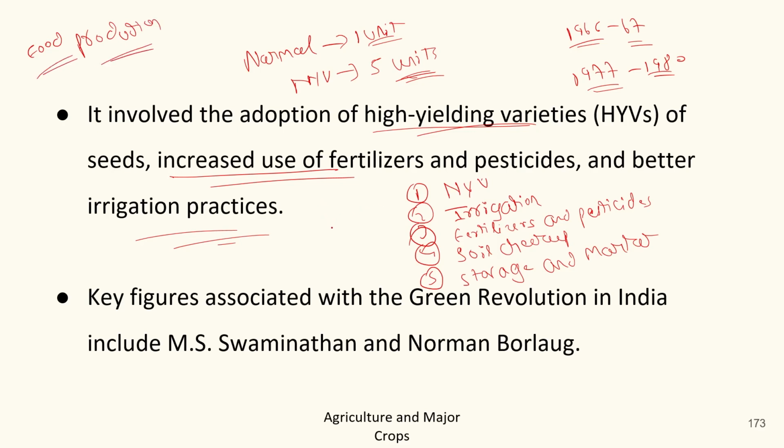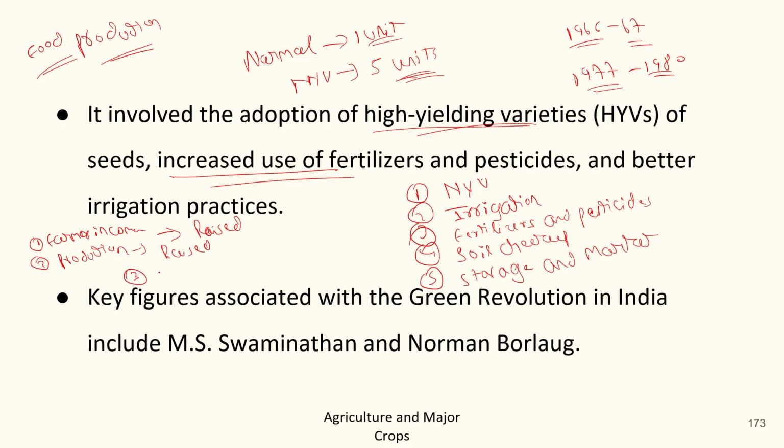Okay, and what was the great impact of the green revolution? First impact was farmer income got raised. Second impact was production got raised.